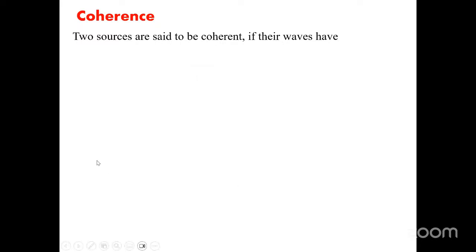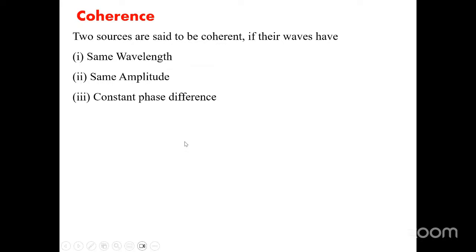So first of all, we will discuss the coherent sources. Two sources are said to be coherent if their waves have the same wavelength, same amplitude, and constant phase difference.